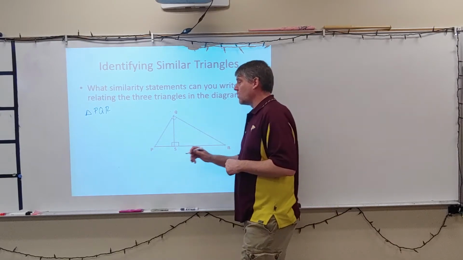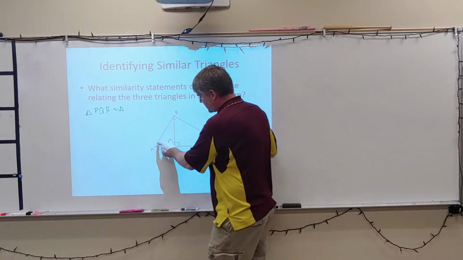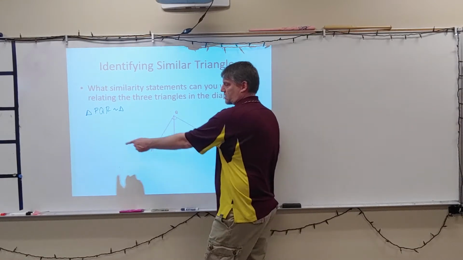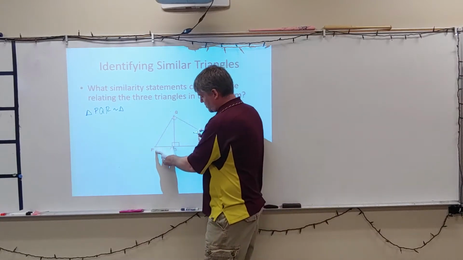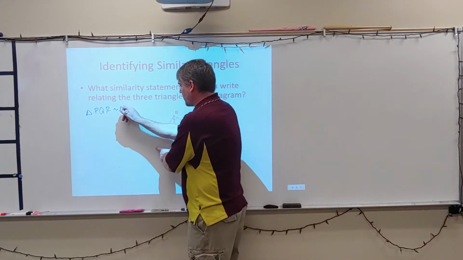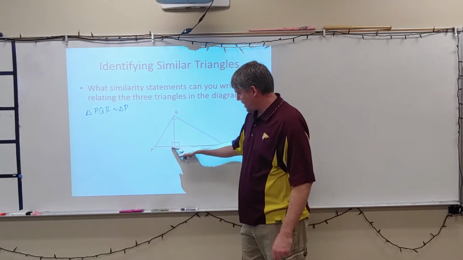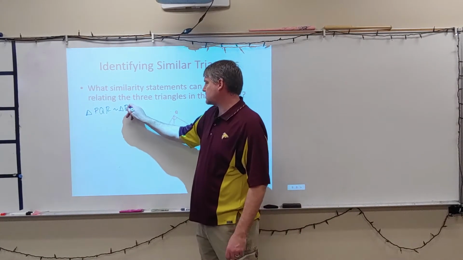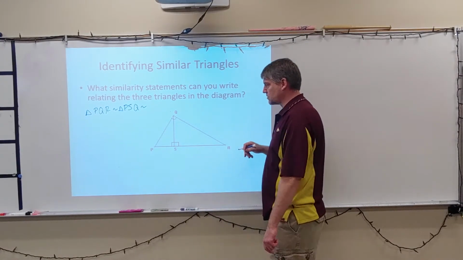Okay? Now, if I want to go similar, I'm going to go triangle, and let's look at this little one, because I'm going to use P here, because I started with P, so I know P is equal to P. So I'm going to go to this triangle right here, so I know I start with P. Well, on the first one, I went to the right angle. So the right angle here is going to be S, and then Q. And I'm going to say that that is similar to.